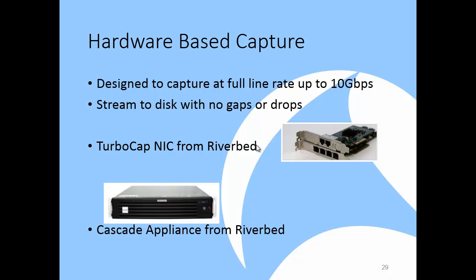Also, the Cascade appliance from Riverbed. The appliance streams to disk, and it goes onto a connection, and it brings those packets in and writes them to disk as fast as they enter that interface. So we know between these two things that we're getting what we expect, and that our analyzer won't be muddying the waters, so to speak, when it comes to us reading the traffic.